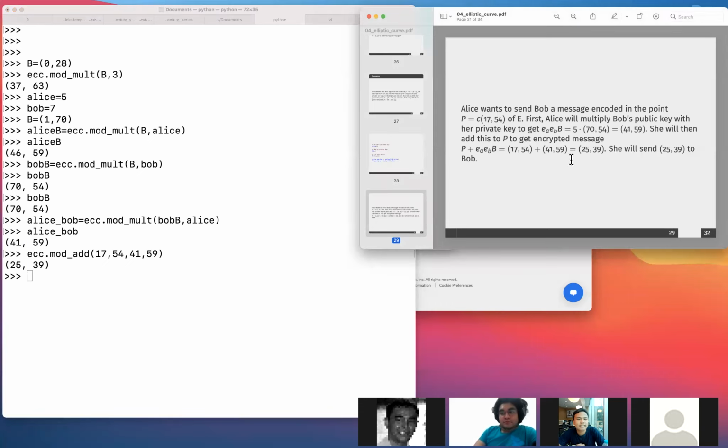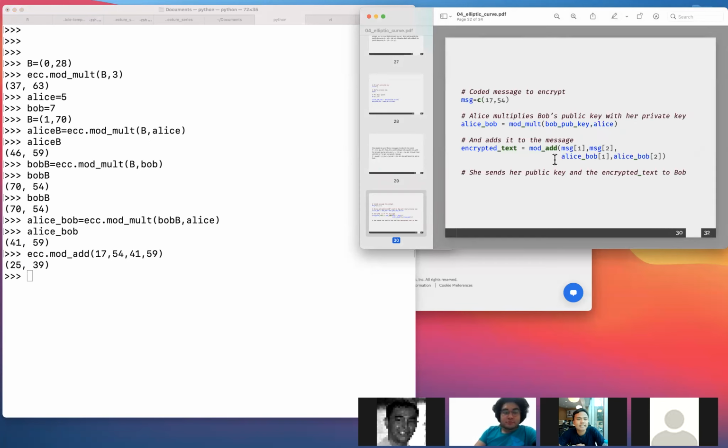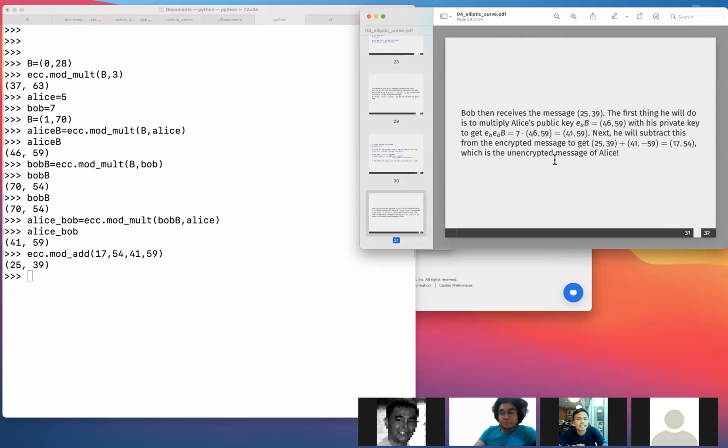So how does Bob decrypt this? Bob will decrypt that using this. Guys, can you read this, or do I need to maximize? Yeah, we can already read it.